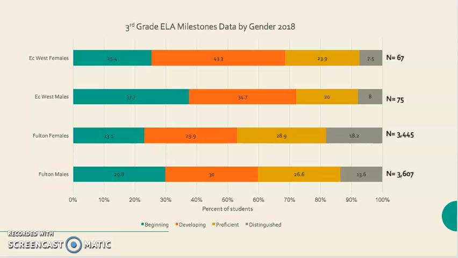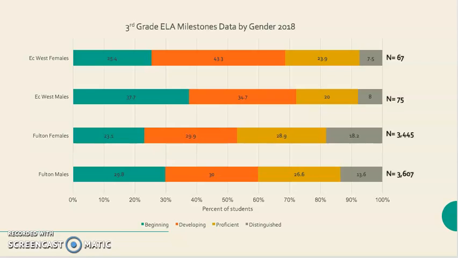In Fulton, the combined percentages of the at or above is 47.1%, compared to the male population at 40.2%. In our school, the combined female population for the at or above is 31.4%, compared to the males, which the combined score for at and above would be 28%.